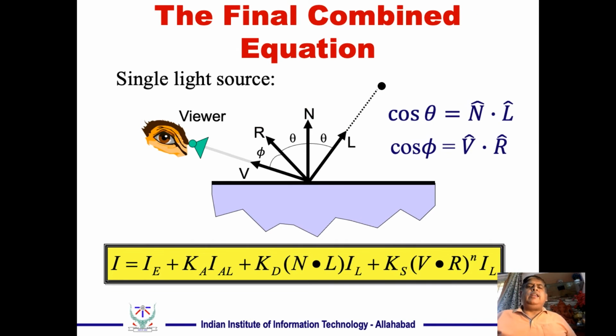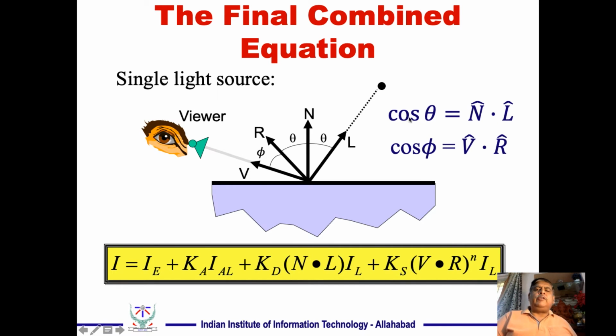We now come to the final combination equation for a single light source. So here I have got a point. This is my light source, and I have my viewing position here. This is my normal, and this is my reflected direction. The angle is the same, theta and theta, and the angle between the reflected beam and the viewing direction is phi.